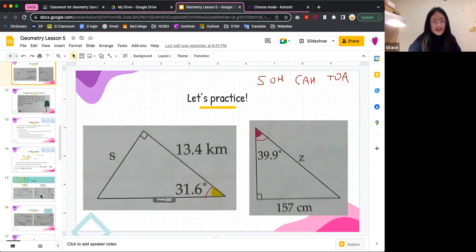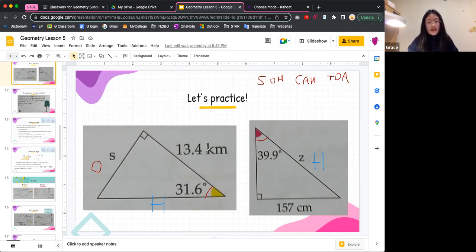Yeah, nice. That is the opposite side. Hypotenuse, opposite the right angle, right? Yeah, nice. So I'll just write opposite because I think you wrote that in there before, which is exactly right.